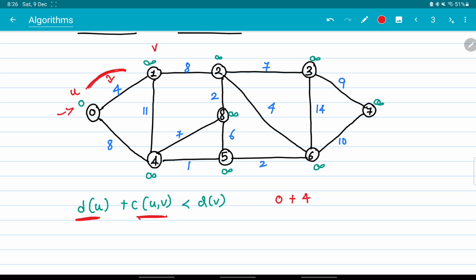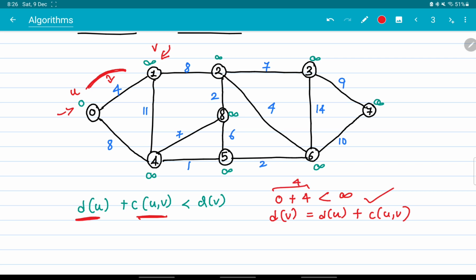So I'll write 4 over here. Now this should be less than the distance of v. What is the distance of v? The distance of v is infinity, as we assumed at the starting. So 0 plus 4 is 4, and 4 is less than infinity, which is true. If this becomes true, then you have to update the distance of v as the value that you got, that is the distance of u plus the cost of u to v.